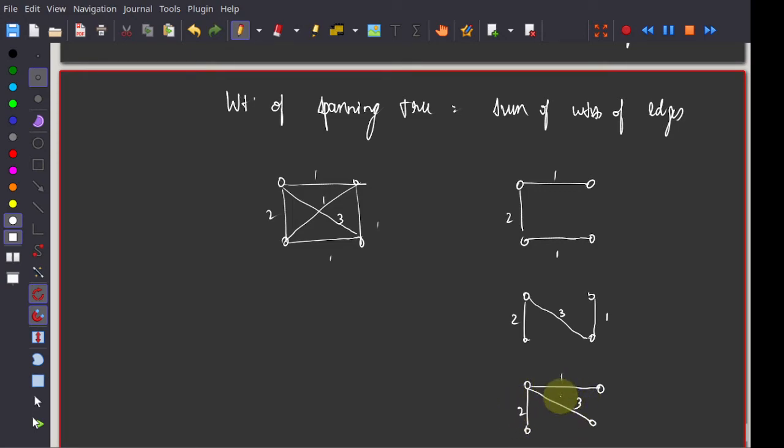This is also a tree, it's a spanning tree, and it has the same weight as this. Right? So for a given graph, particularly for a given complete graph, there's a notion of maximum weight spanning tree, but it's not unique. There can be multiple spanning trees which give you the max.